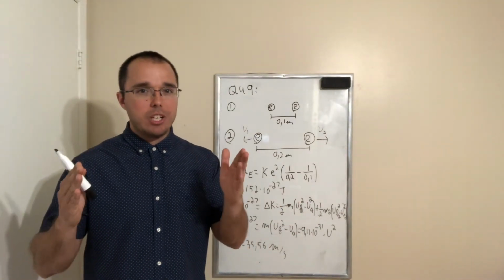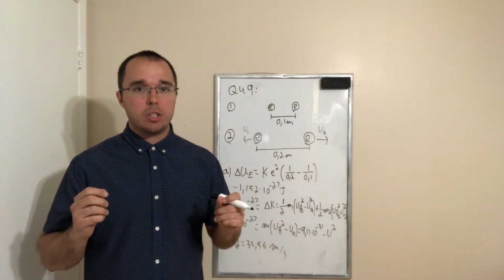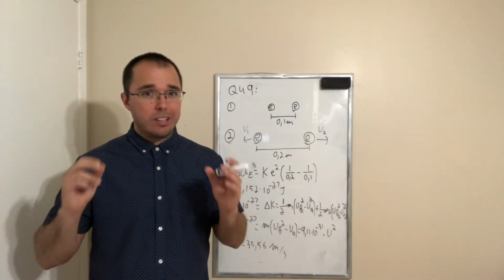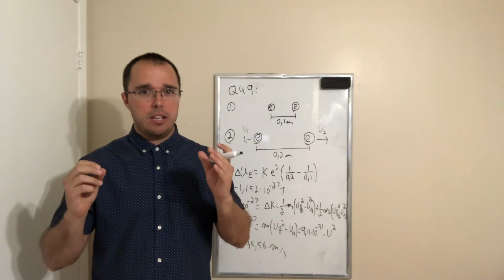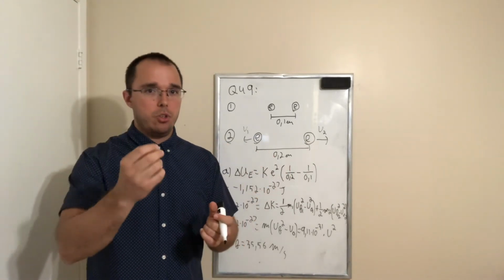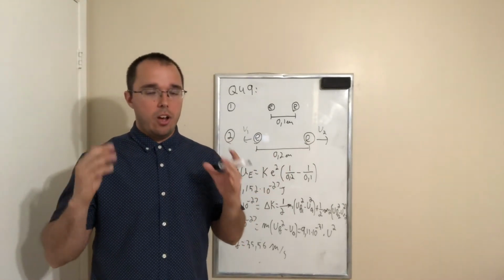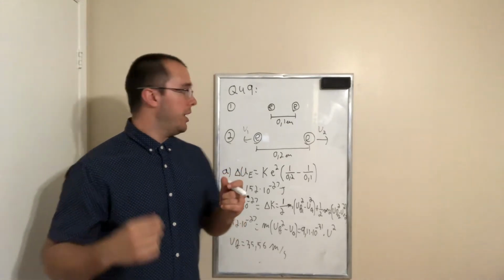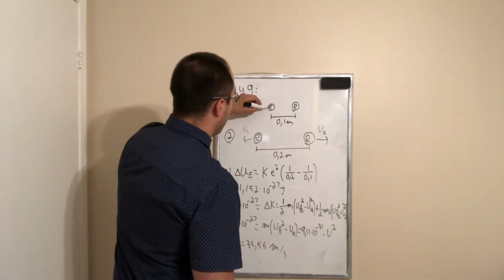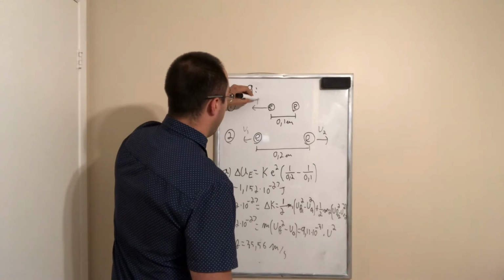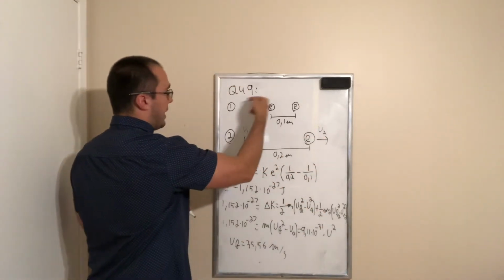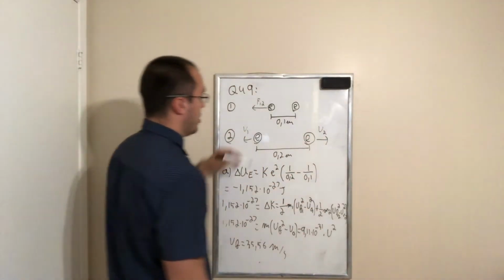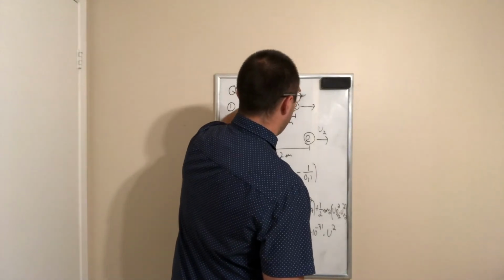And this second equation is the fact that both electrons need to have at all times the same velocity. Why? Because of Newton's third law. For every action, there's an equal and opposite reaction. So let's say this is our first electron and there's a force from the second electron acting on it. Because of Newton's third law, there's an opposite and equal reaction.